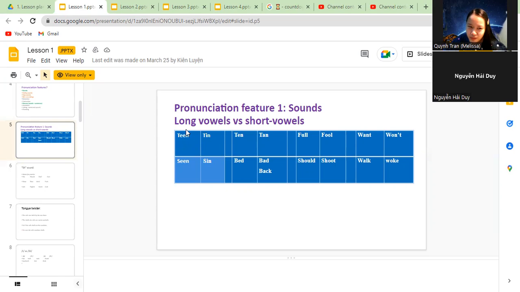Can you figure out which one is long vowel sound and which one is short vowel sound?